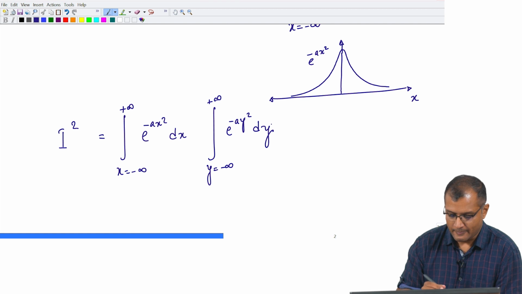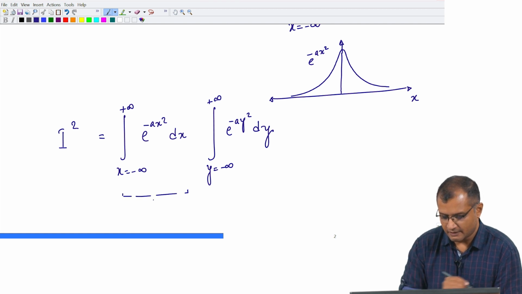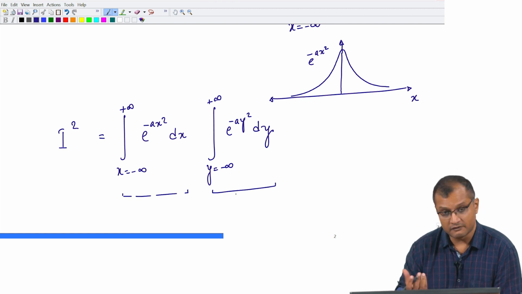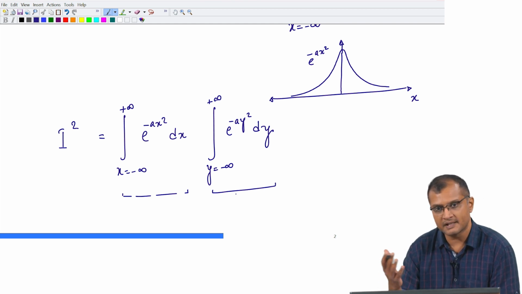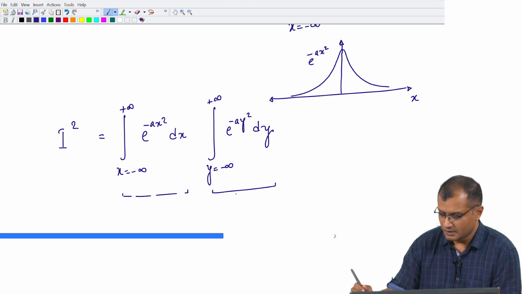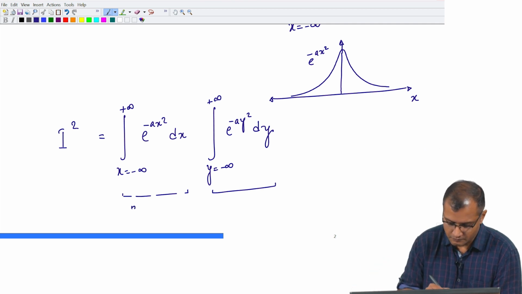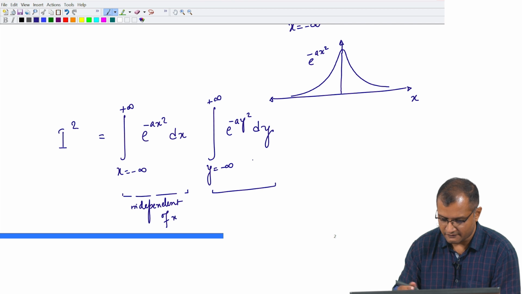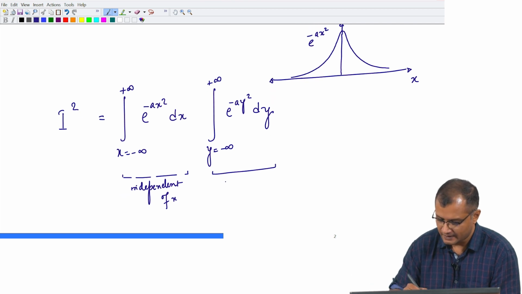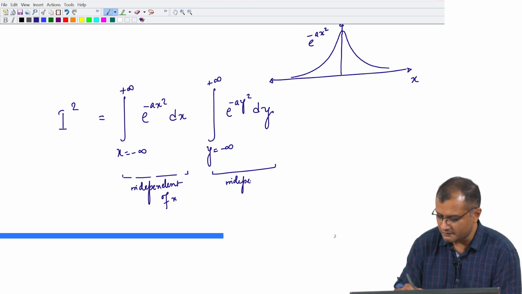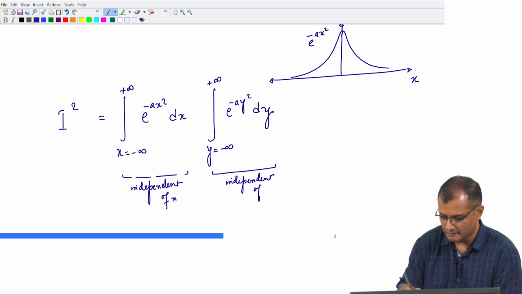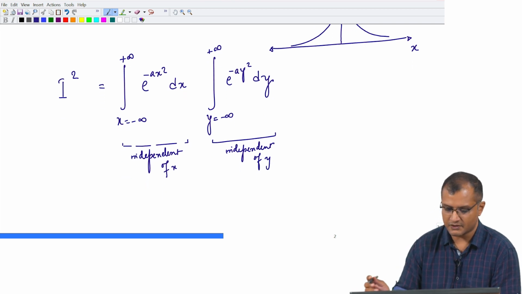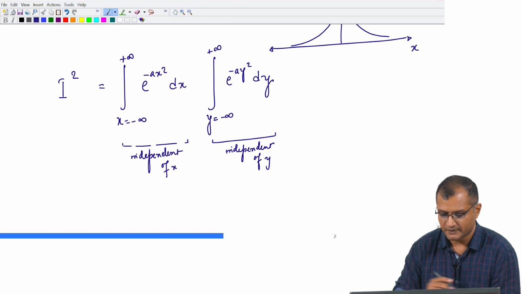Neither is this integral a function of x, nor is this integral a function of y, which means I can keep the integration variable as x, y, z or anything. It is just a function of a, and this is also a function of a.